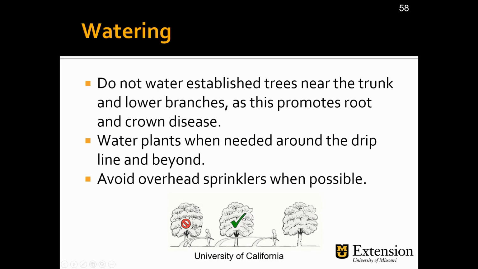Remember, the tree is stressed, and if you add another stress like a lot of water, the tree is going to have to deal with those stresses, and it's not going to have enough energy to defend itself against diseases. You know what I mean? So you want to make sure that the tree is set up right so that it can survive this stressful operation, but also at the same time be able to fend off any potential diseases.